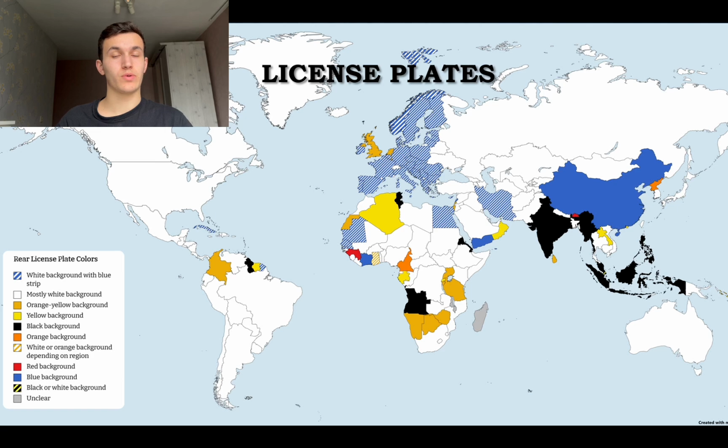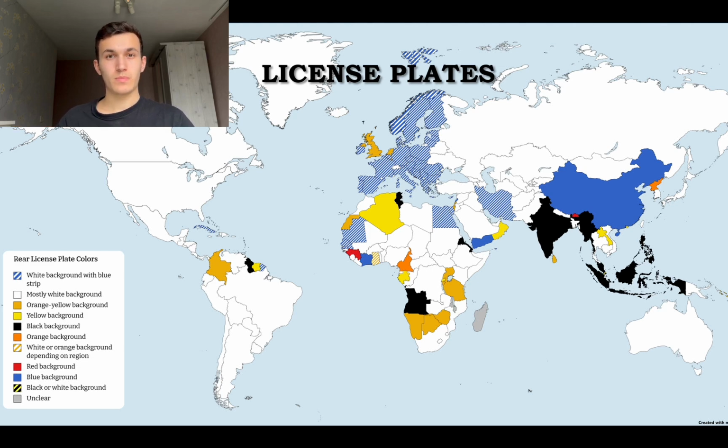These are really useful in GeoGuessr because you can tell a lot about them. Of course, you know the European style. It has a white background and it has that blue stripe.